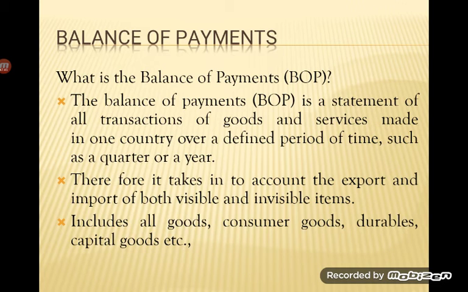So it takes into account the export and import of both visible as well as invisible items. It includes all goods: consumer goods, durables, capital goods, semi-finished goods or spare parts, whatever we have imported or exported, all its value will be considered.